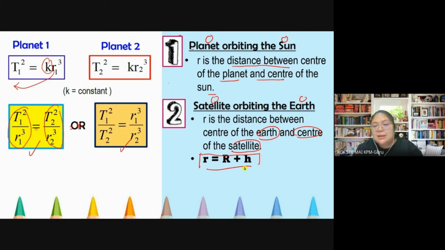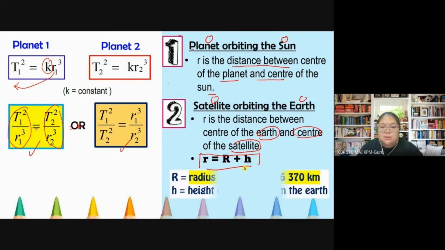Only for the satellite with Earth, you need to add one more distance. This is the second factor in the calculation of how you find the period. R is what? The radius of the Earth, normally they will provide 6.370 times 10 power 6. H is the height of the satellite from the Earth.